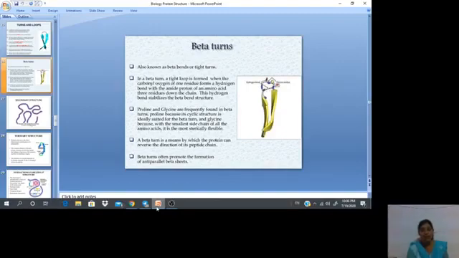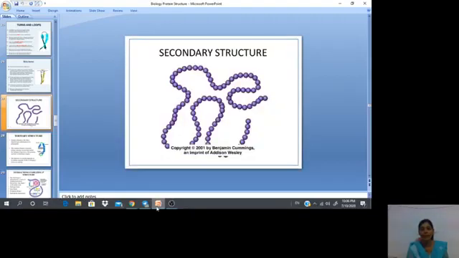In a beta turn, a tight loop is formed when the carbonyl oxygen of one residue forms a hydrogen bond with the amide proton of the amino acid three residues down the chain. This hydrogen bond stabilizes the beta bend structure. A beta turn is a means by which the protein can reverse the direction of its peptide chain. Beta turns often promote the formation of anti-parallel beta sheets. This diagram shows the secondary structure.